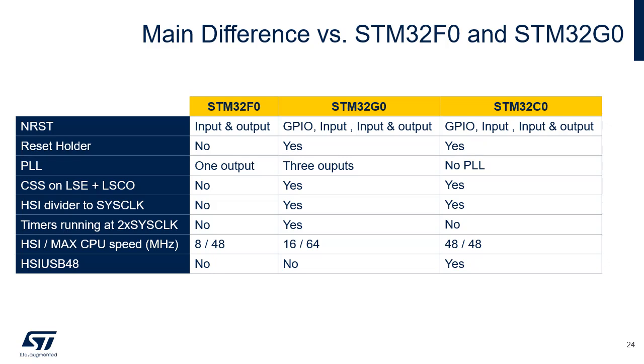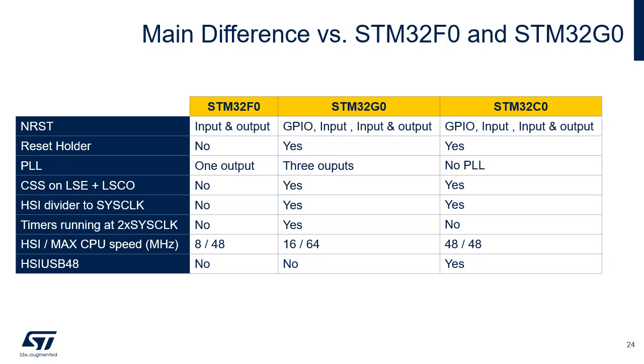The reset holder feature can be enabled in the option bytes to keep the pin pulled low until the voltage meets the VIL threshold. The system operates without a PLL for cost efficiency, relying on the HSI 48 oscillator for the maximum 48 MHz speed. The clock security system monitors the LSE and will automatically switch the system clock to LSI if an LSE failure is detected.